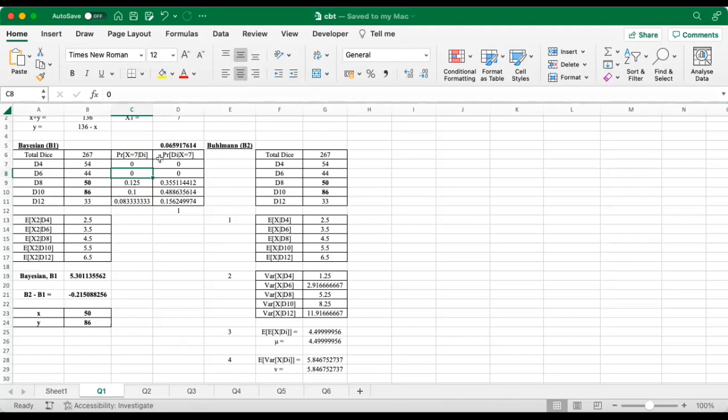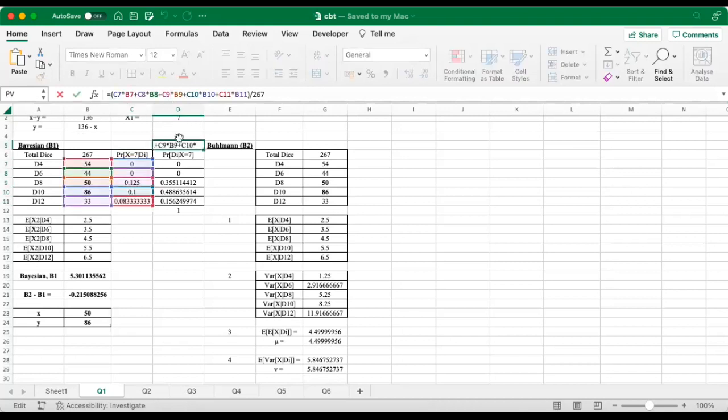The total of this column is calculated over here by multiplying it with the proportion, the weightage of the total dice.